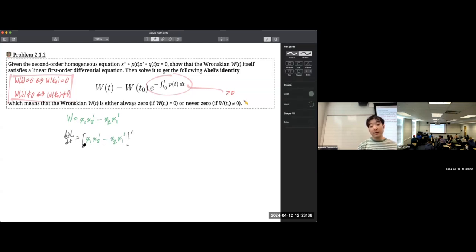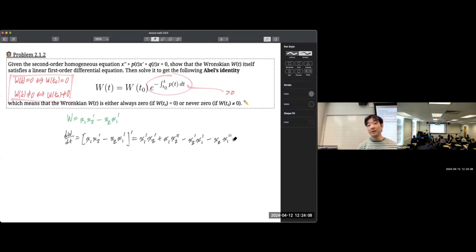And then I'm just going to do the product rule because both of these are functions of t. So it's going to be x1 prime x2 prime plus x1 x2 double prime minus x2 prime x1 prime. Because of the minus, I have to distribute that, so this is going to be x2 x1 double prime.